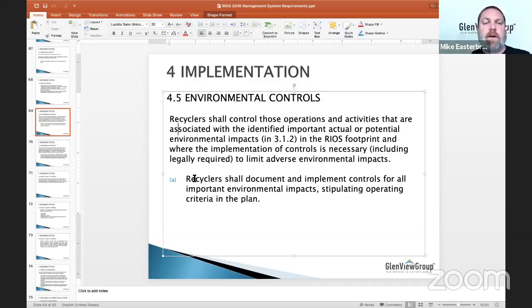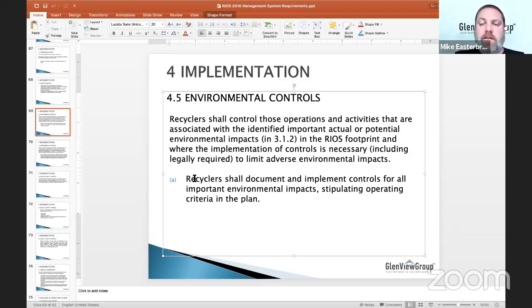So let's continue with the example of stormwater, right? We're talking about outdoor activity being the potential environmental activity, and the impact being pollution to stormwater. In this instance, depending on what you're doing, the appropriate control may be to have a spill kit on site, having people trained, having a stormwater pollution prevention plan, having a spill prevention, containment, and countermeasure plan in place.